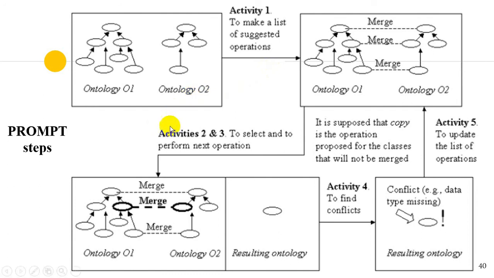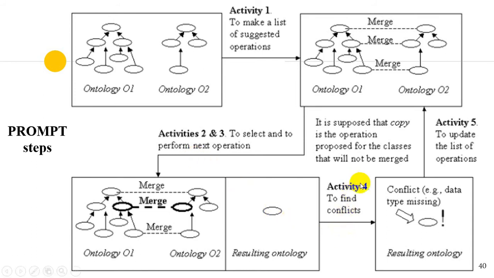Then the second and third activities are to select and to perform the next operation. Here the user, basically the ontologist, chooses one of the suggested operations from the list or specifies a merge operation directly. Then the system performs the requested action and automatically executes additional changes derived from the action.